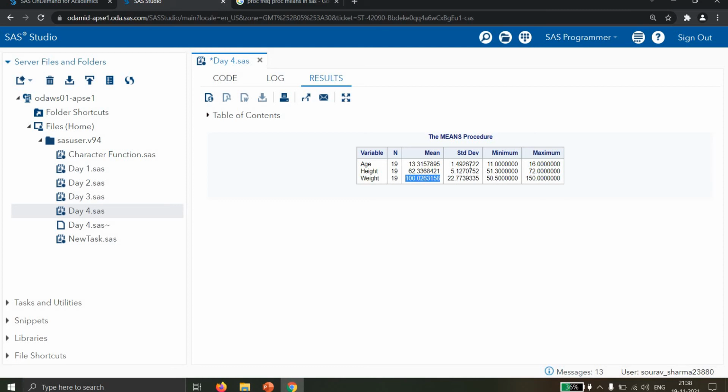What is the mean of age, height, and weight? Mean means the average number: what is your average age, average height, average weight. Then we have standard deviation. Then the minimum age is 11 and the maximum age is 16. Same for height and weight.